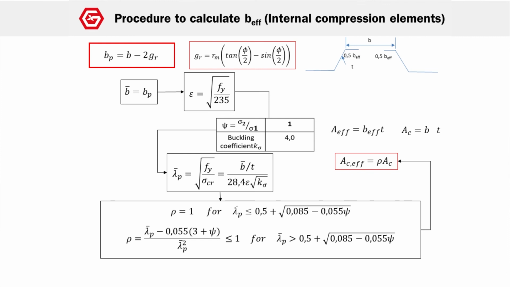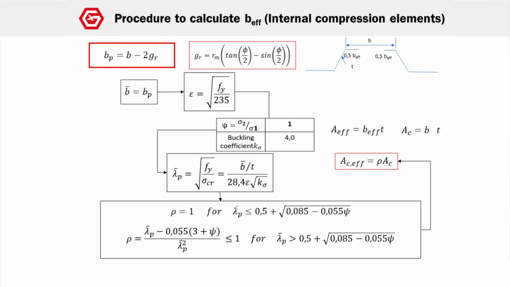Of course, this formula is a function of the radius R of the corner and of the pitch phi of the web. When we know BP, we calibrate the raw material as a function of the real Fy of the profile. It is the expression of epsilon.